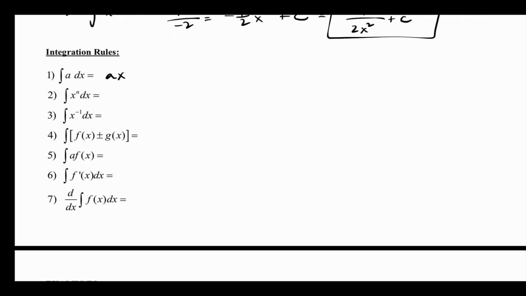You're just giving it an x, x to the first power, plus c. The second one is just the power rule. Instead of x, I've used u, but it's the same thing. Add 1 to the power, divide by that new power, plus c.